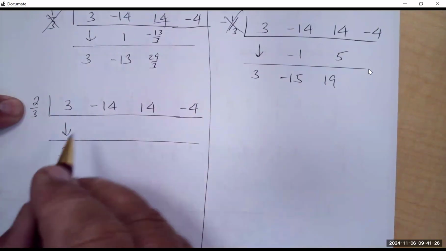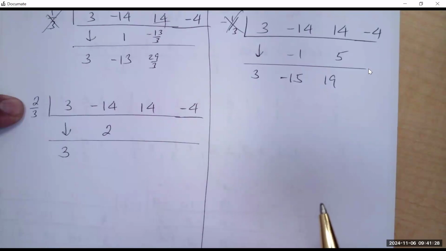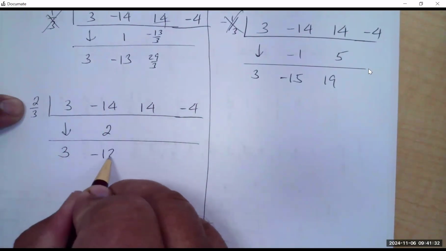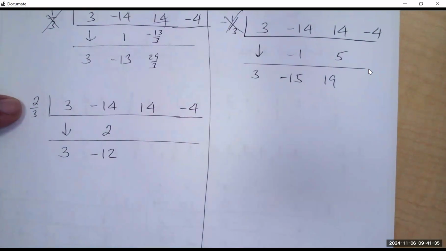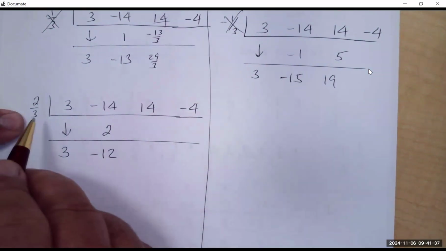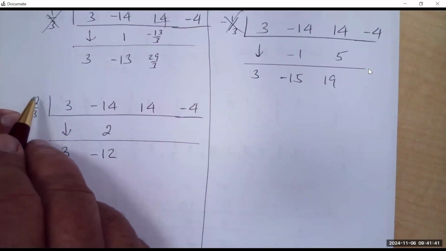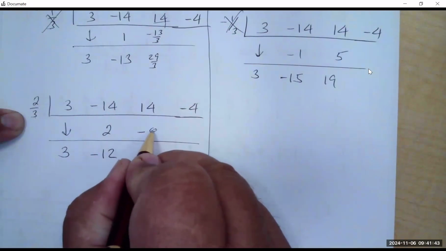Two-thirds times 3 is equal to 2. The 3's cancel. -14 plus 2 is -12. 12 divided by 3 is 4. 4 times 2 is 8, so it's -8.